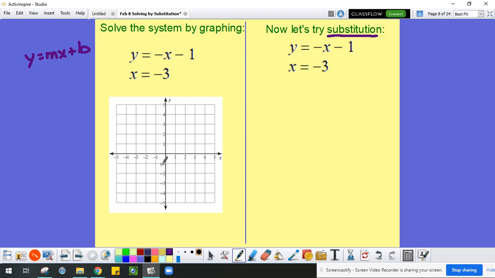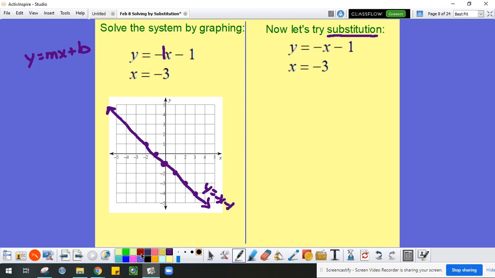My y-intercept is -1, and my slope is also -1. So I'm going to go down 1 over 1 to draw this line, and I can reverse that by going up 1 over 1 on the other side of the y-axis. So I'm going to get this line going here. This is the line for y equals -x minus 1.